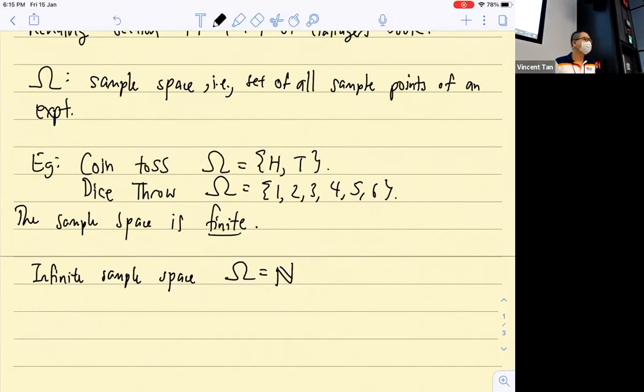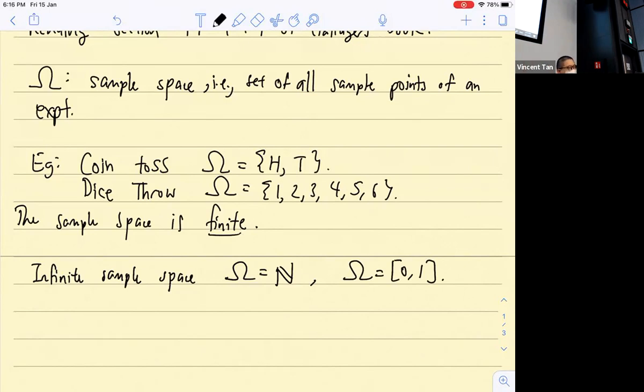Okay, so the sample space is actually the set of natural numbers N here. The sample space could also be omega equals 0, 1. You generate a random number in MATLAB using RAND. This is the sample space.